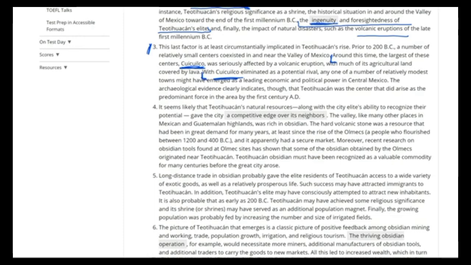They only say, okay, Quiquilco was eliminated as a potential rival, but then they're talking about other towns, and we are not interested in these towns. We are interested in Quiquilco, so we stick to this sentence here, until here. Let's have a look at the sentence again. Quiquilco was seriously affected by a volcanic eruption, with much of its agricultural land covered by lava. This is the only information we have about Quiquilco.